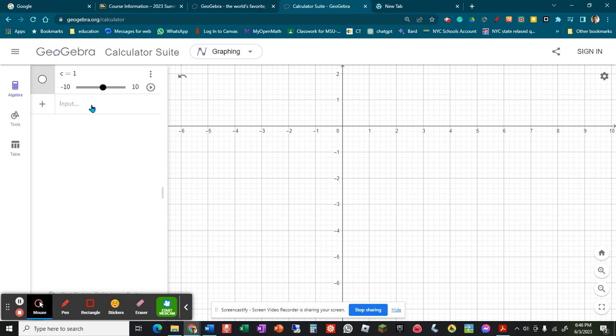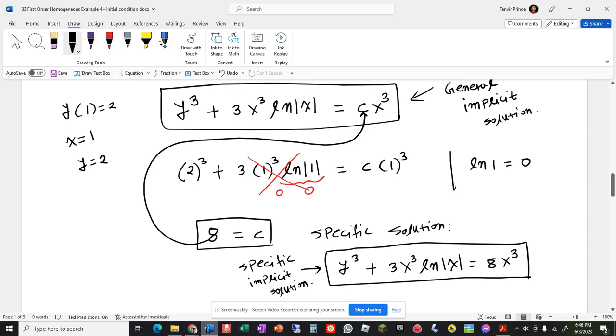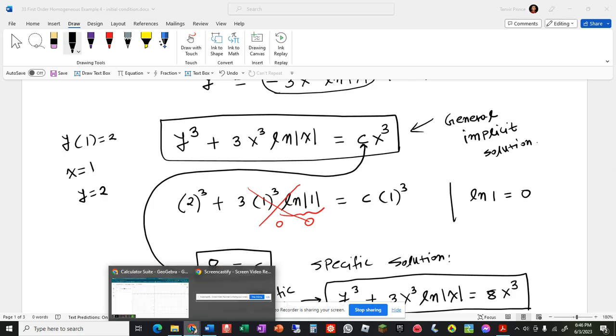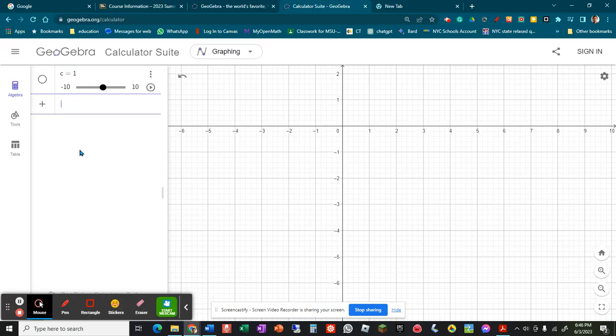Okay, very good. Now let's enter our general solution in terms of C. Our general solution is this one, so I'm going to enter it. y cube plus 3x cube times ln of absolute value of x, equal to C times x cube.